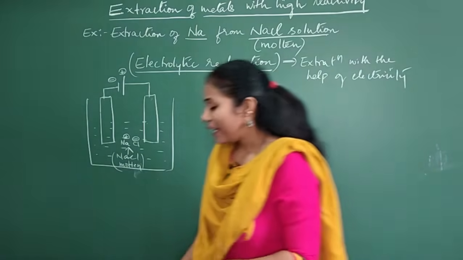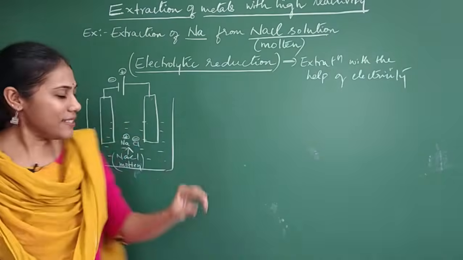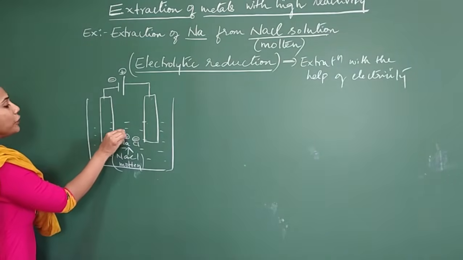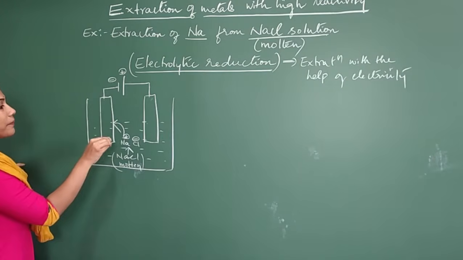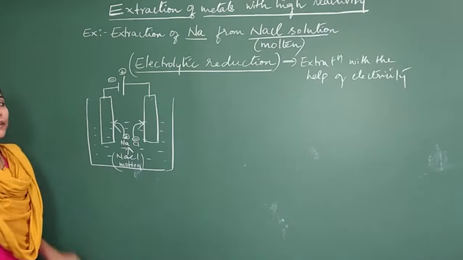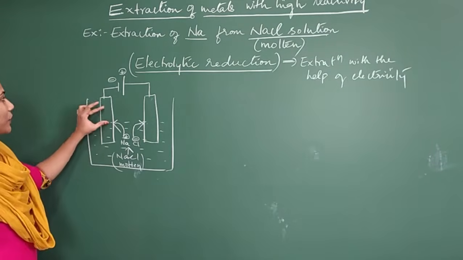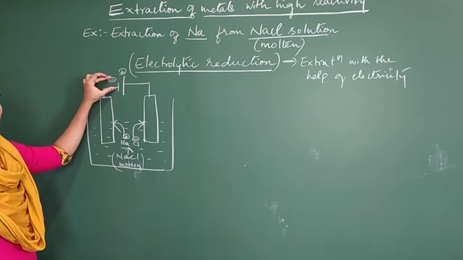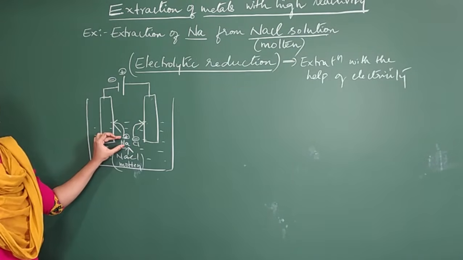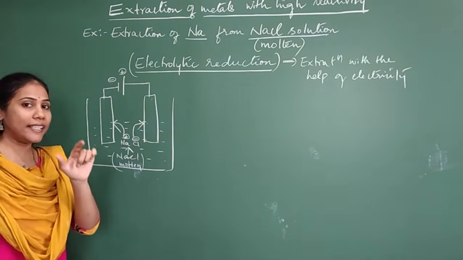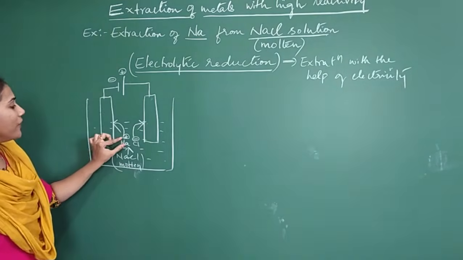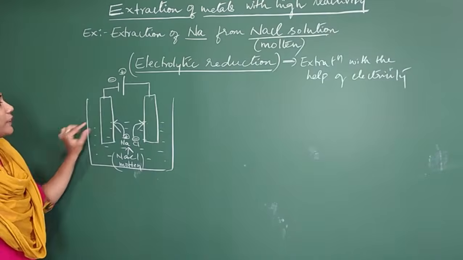Now, once the ions are formed, the positive ion will go towards the cathode, and the negative ion will go towards the anode. Cathode is what? The negative rod. Sodium ion has which charge? Positive charge. There is always an attraction between positive and negative, isn't it? So the positive ion always goes to the cathode.